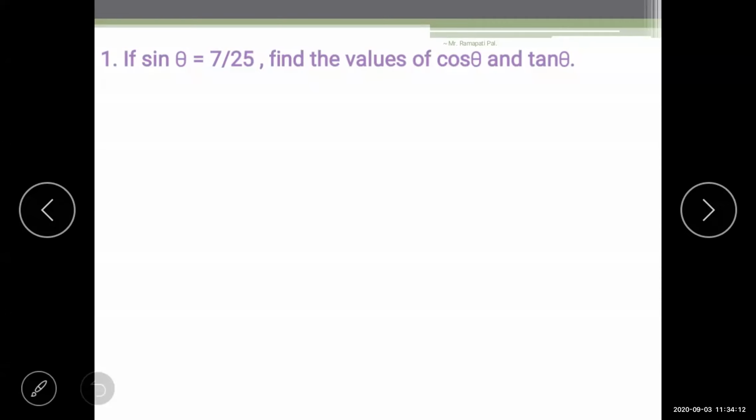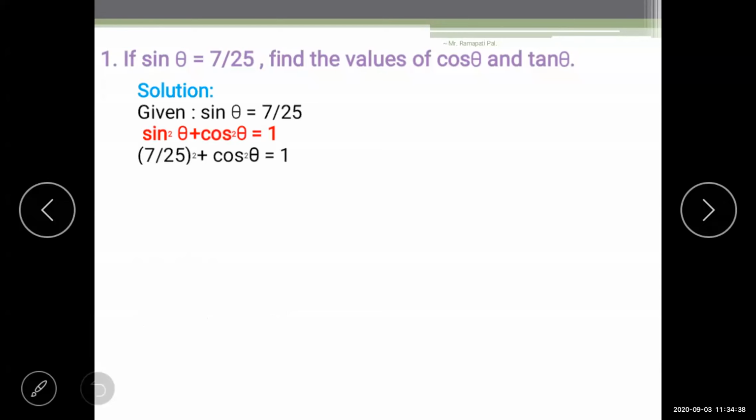But the value of sin theta is given, 7 upon 25. Now substitute that value in the place of sin square theta. So when you substitute 7 upon 25 in the place of sin square theta, you will get (7 upon 25) square plus cos square theta is equal to 1.